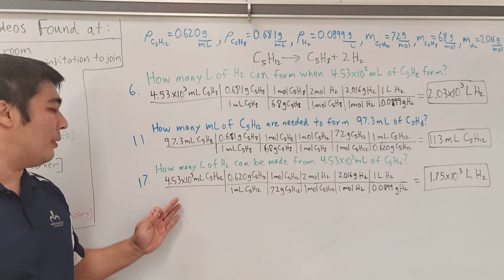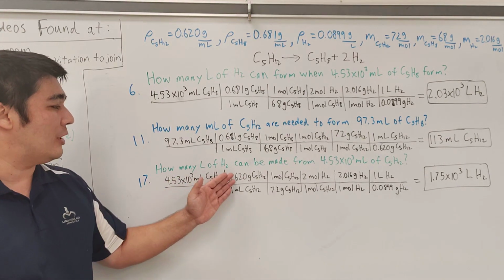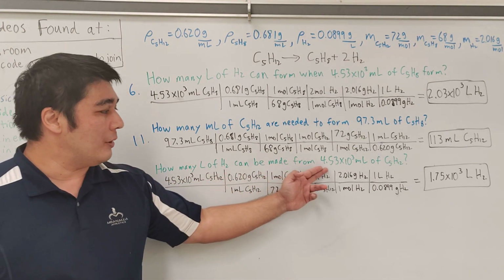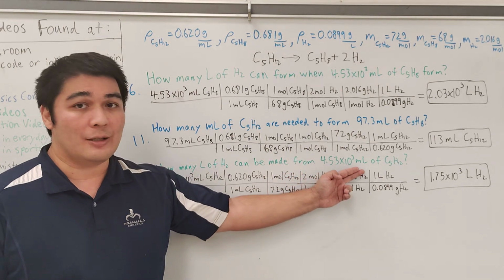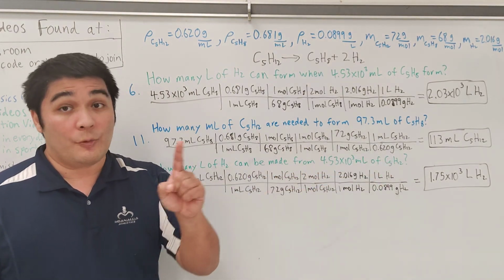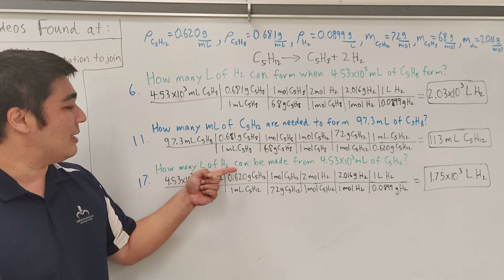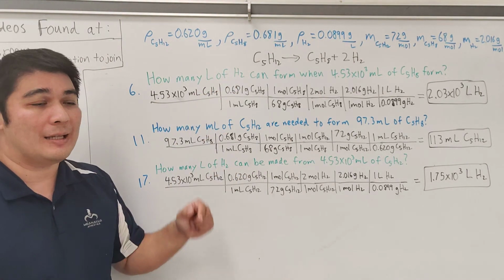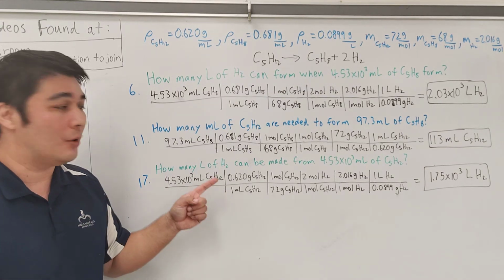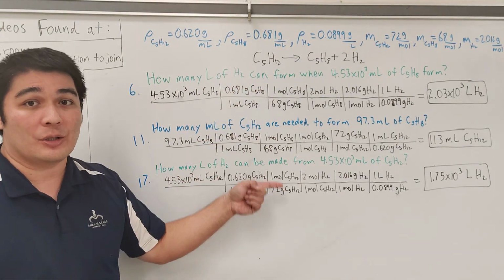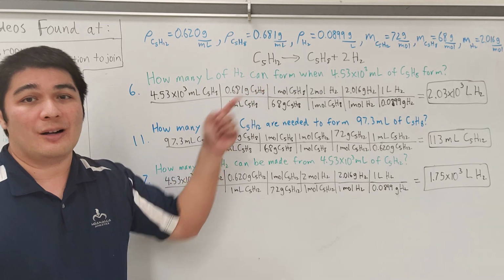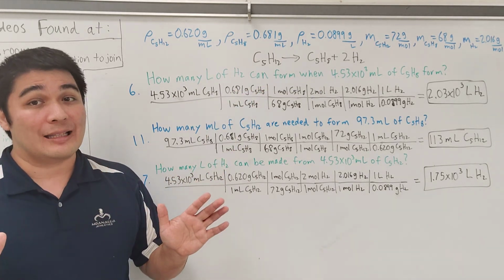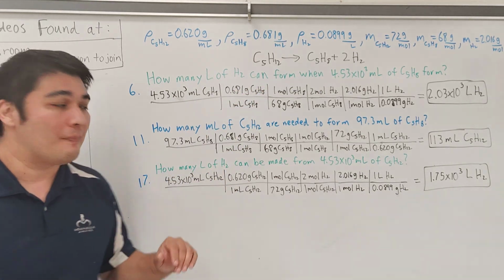Moving on to our third example, we have how many liters of hydrogen gas can be made from 4.53 times 10 to the third milliliters of C5H12. Hopefully, you're noticing that this one looks somewhat similar to the earlier one, and that's one of the reasons why I wrote the question in green, to show you that these two are related. They're not exactly the same, but they're close enough.